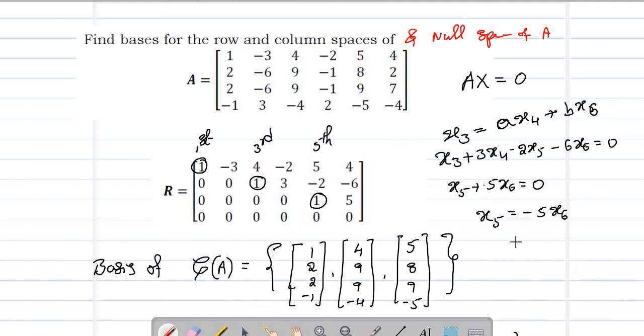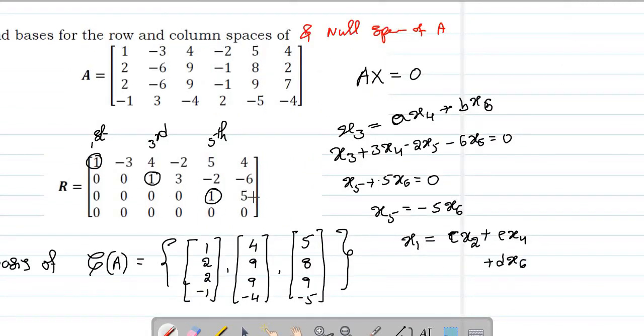Now you can express x1 as a combination of x2, let me call it cx2, and there will be no x3, because x3 can be expressed in terms of x4 and x6, and there will be no x5. So ex4 plus dx6. Do you understand?